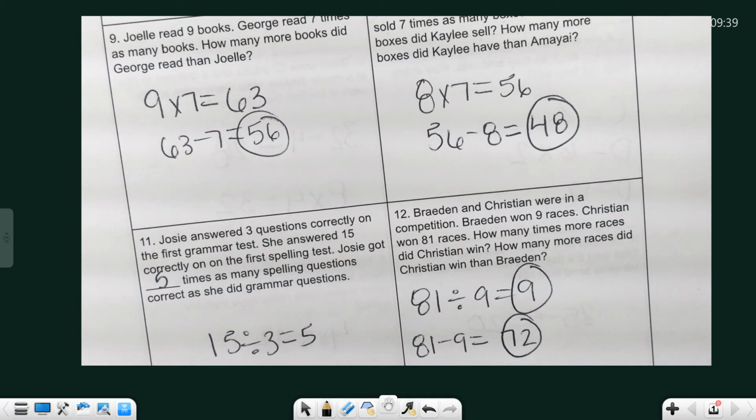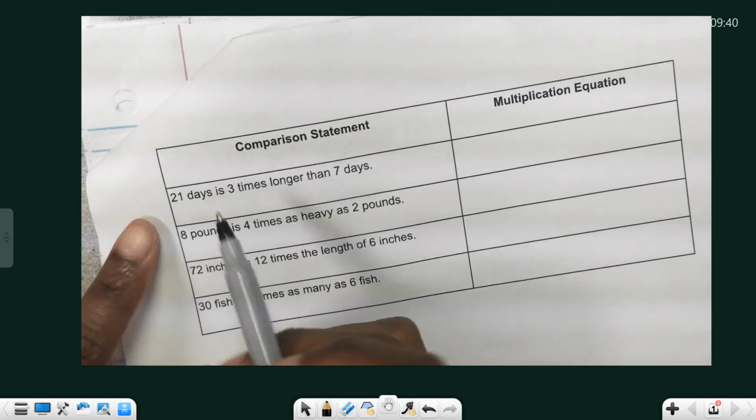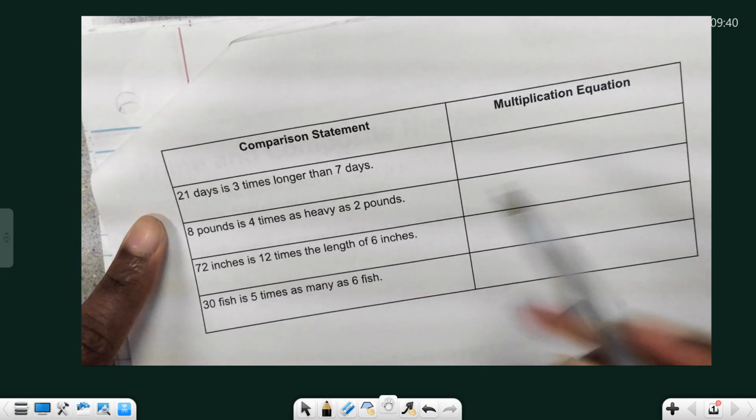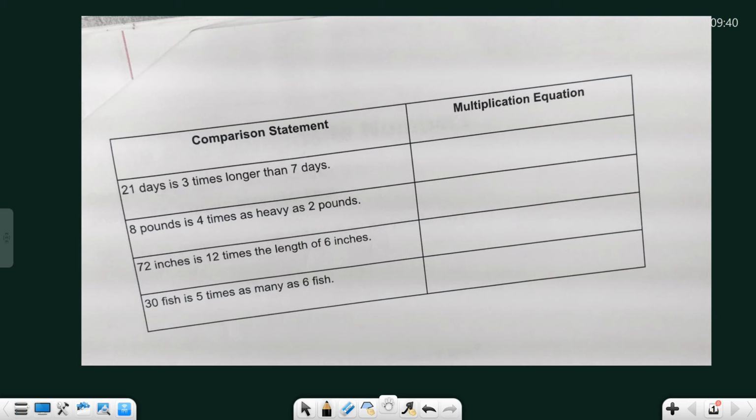Any questions? Okay? Now you had comparison statements that required you to do multiplication equations. 21 days is 3 times longer than 7 days. What is your equation?